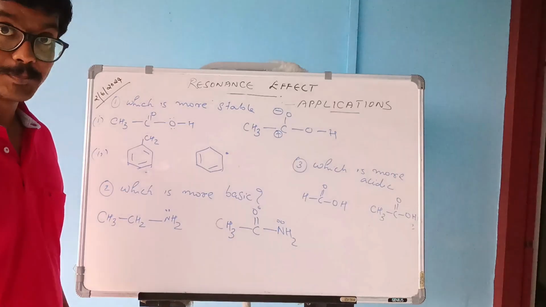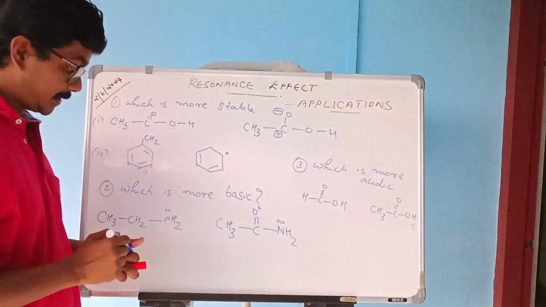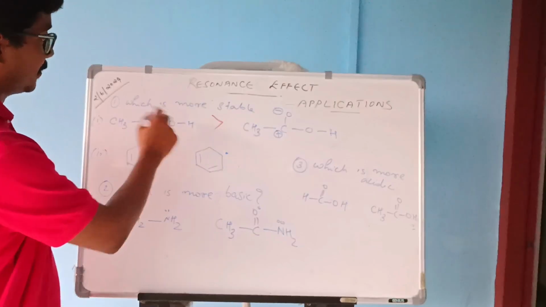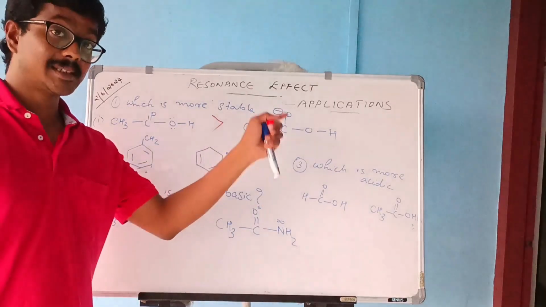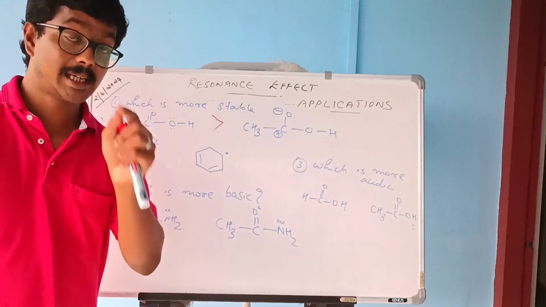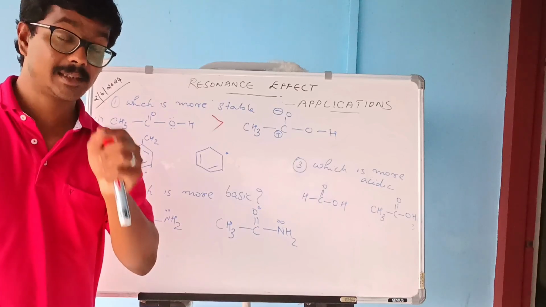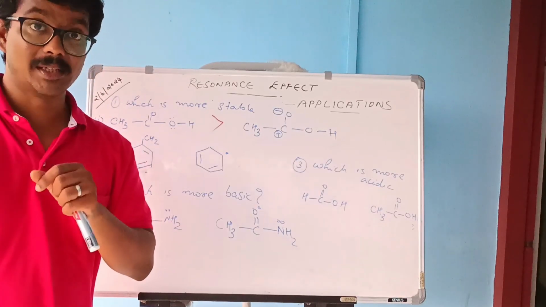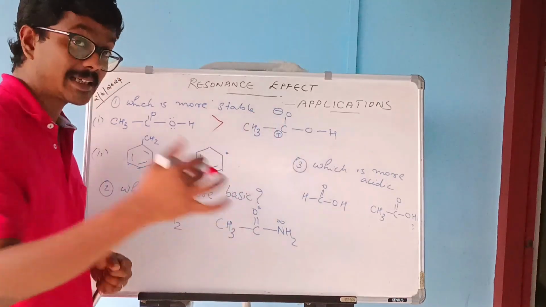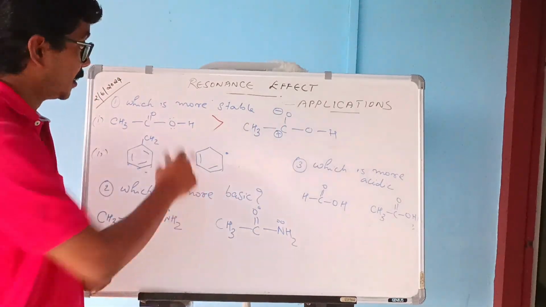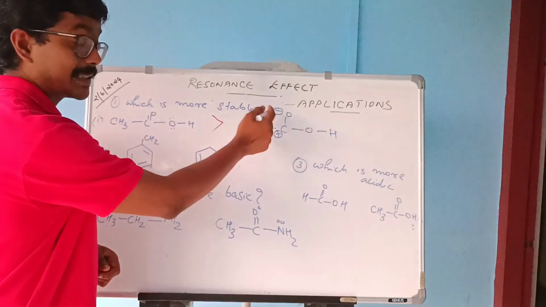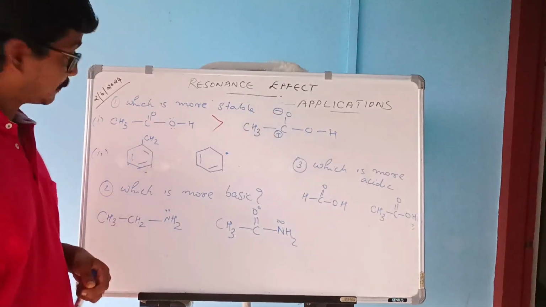Which is more stable? The first one is more stable because of charge separation. Remember the point: charge separation decreases the resonance energy, thereby decreasing the compound stability. So acetic acid is more stable than the charge-separated species.